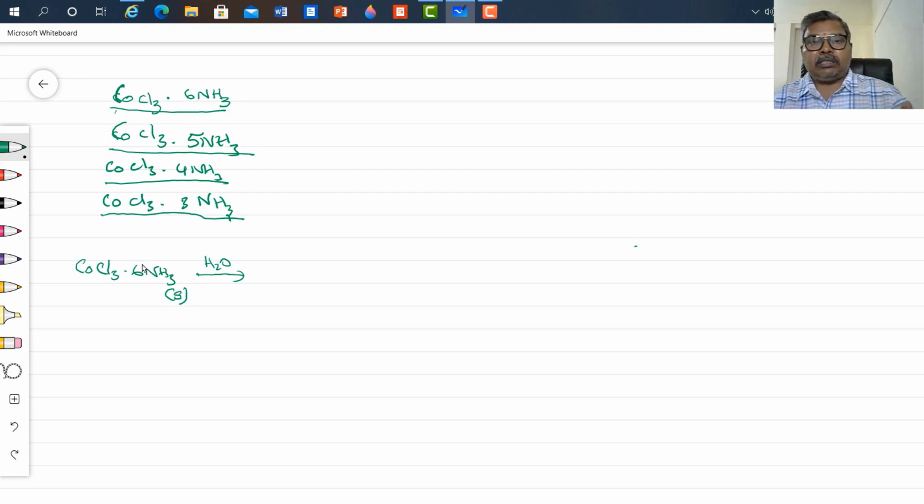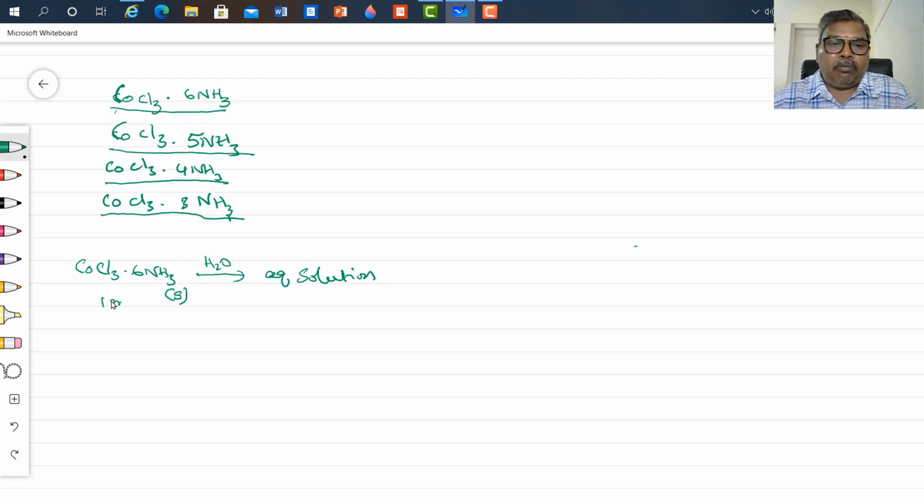Understood this? After this, all these solutions are crystallized by evaporating the solution. So remember, hexamine, pentamine, tetramine, and triamine cobalt 3 chloride have different colors. Now see, first hexamine cobalt 3 chloride is dissolved in water, so an aqueous solution is formed.